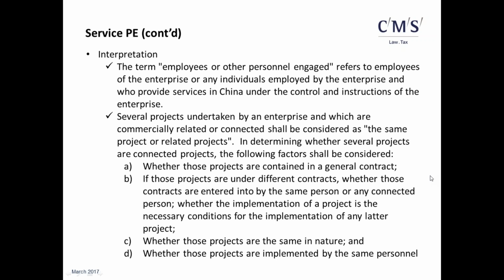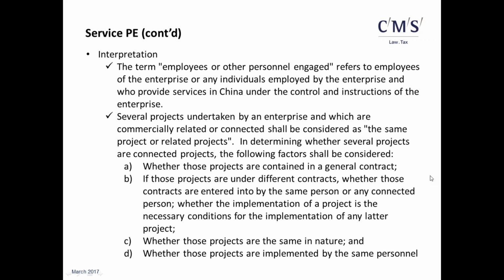These two work tasks are usually listed in the same contract. Under such circumstances, of course, these two tasks cannot be separated for assessment purposes. They should be considered as the same or related projects for accounting purposes.